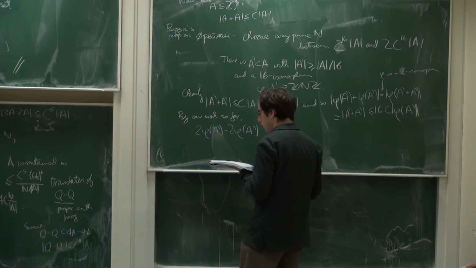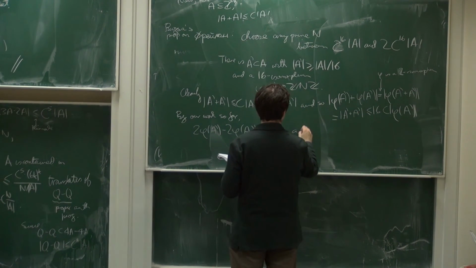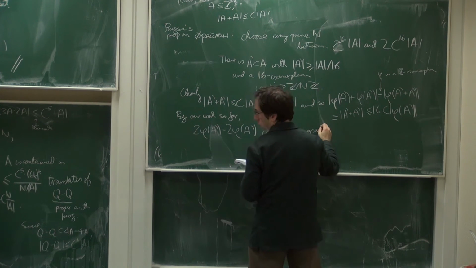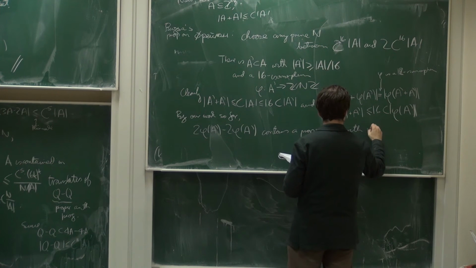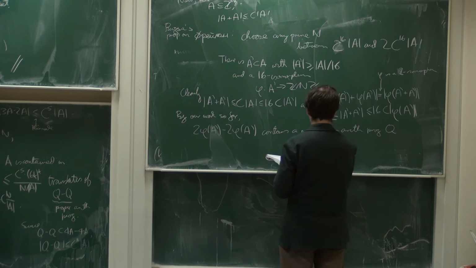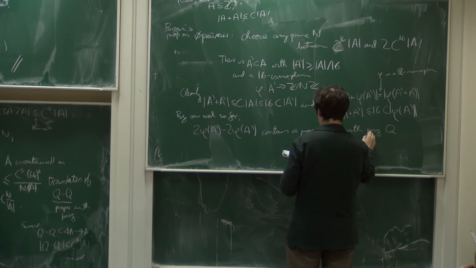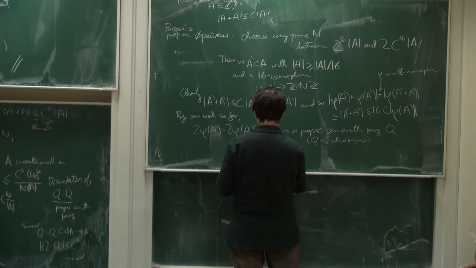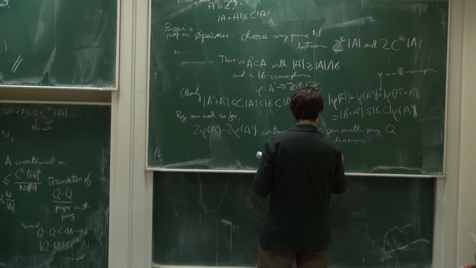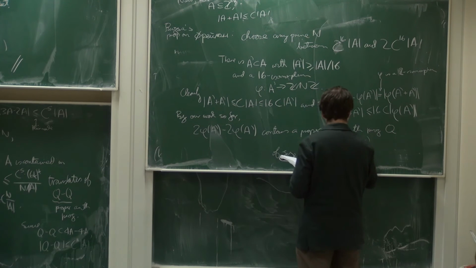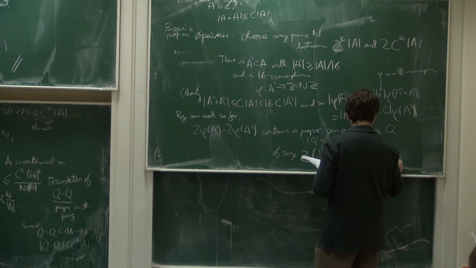So by our work so far, this contains a proper Q, and moreover Q − Q is proper too, of size at least 1/(6k) times n. And of course this is at least 1/(6k) times the size of A.